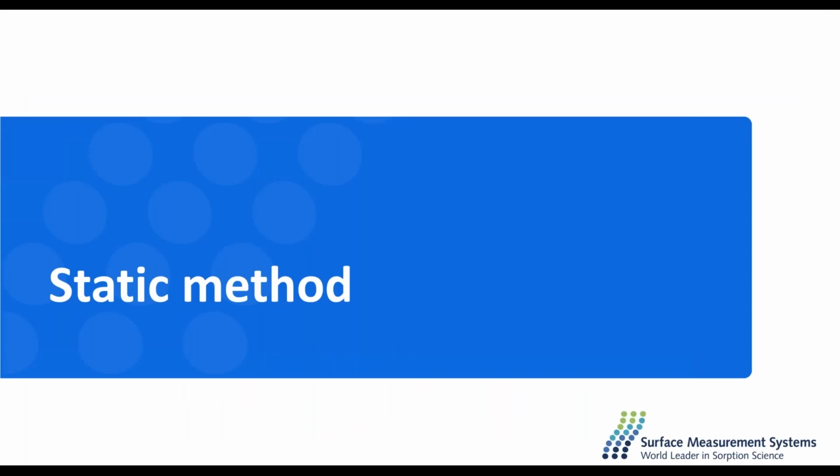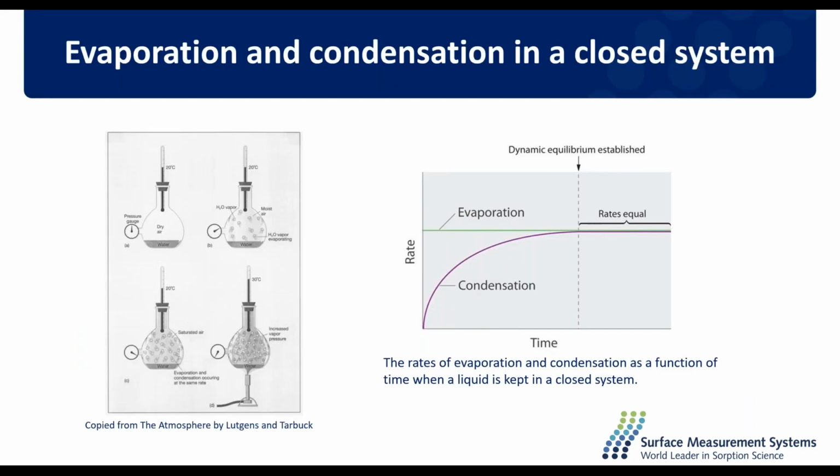Now we're going to go into the static method of vapor pressure measurement, which is generally applicable to higher vapor pressures. It was mentioned before that if a liquid or a solid is placed inside a vacuum container, after some time, the equilibration between the molecules going into the atmosphere and from the gas phase into the liquid occurs.